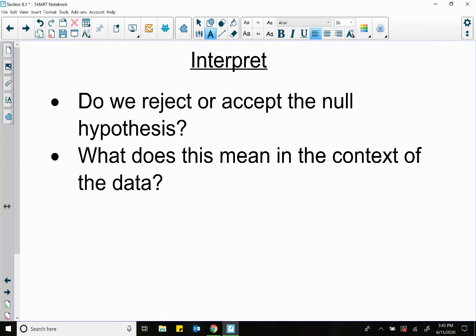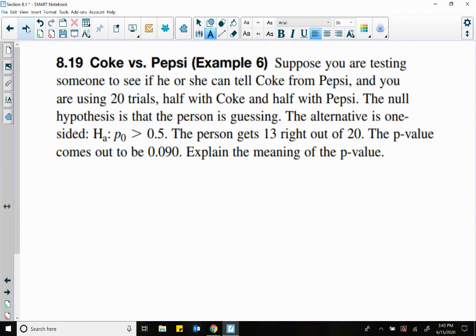So again, there's only one example. This is the last example I have here, and then I'll tell you what problems to look at. It says, suppose you are testing someone to see if he or she can tell Coke from Pepsi, and you are using 20 trials, half with Coke, half with Pepsi. So the null hypothesis is that the person is guessing.